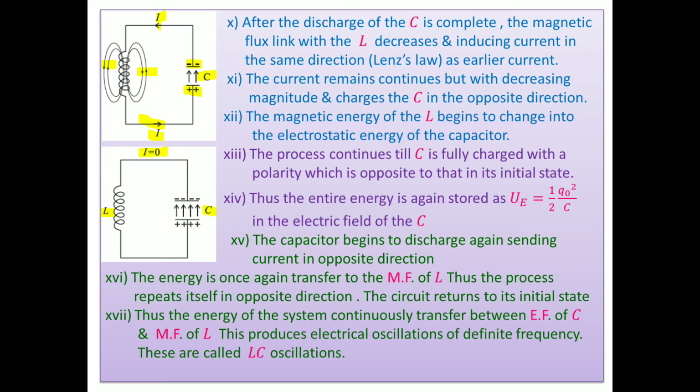Initially it opposes the flow of current, but later on, as the current drops down, it wants to increase the current, so it sends a current in the opposite direction. That means the current decreases and the induced current is in the same direction, by Lenz's law. The current remains continuous but with decreasing magnitude, and charges the C in the opposite direction.